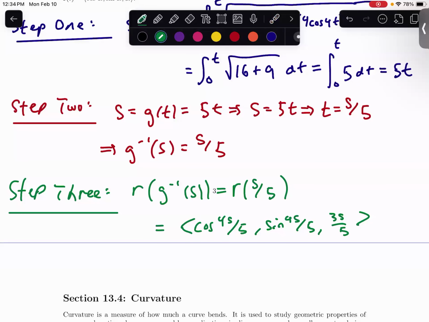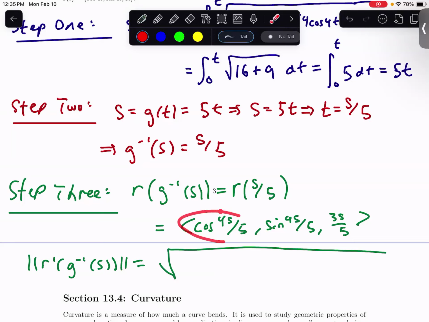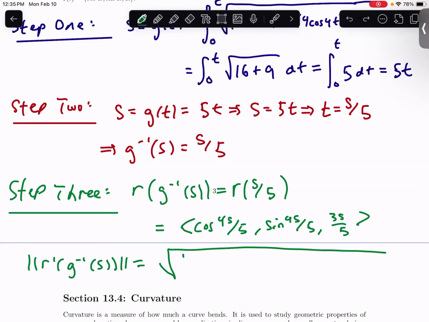So just as a quick check, the magnitude of R prime evaluated at G inverse of S will be equal to the square root of, I'm not going to go into complete detail, but if you take the derivative of this, you'll get 4 over 5 squared, which gives you 16 over 25 times sine squared plus 16 over 25 times cosine squared. And then this will be plus 9 over 25. Again, this just becomes 1.